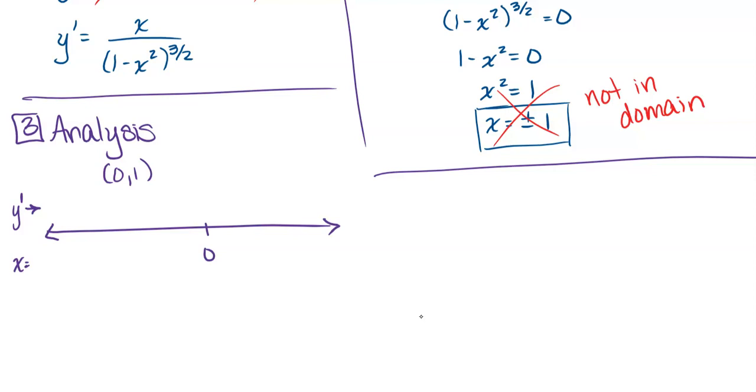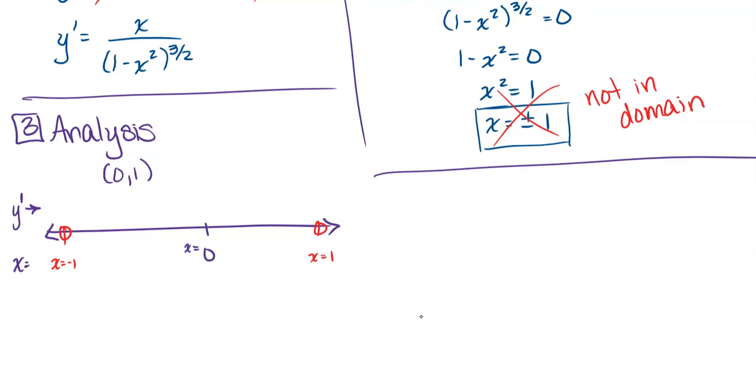This is just x equals 0. I'm going to put x equals -1 down here, and I'm going to put x equals 1 up here to remind us that we're not interested in anything beyond those, but we also need to remember that these themselves are not defined. We're just going to be looking at the interval between them.